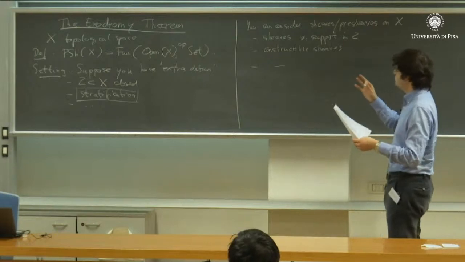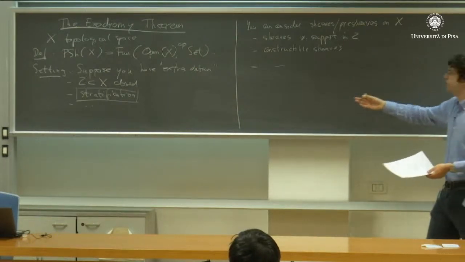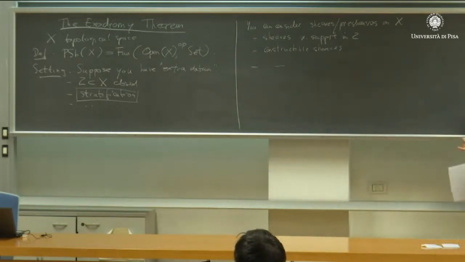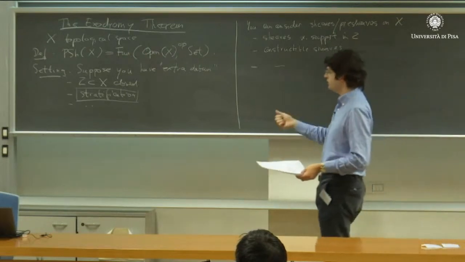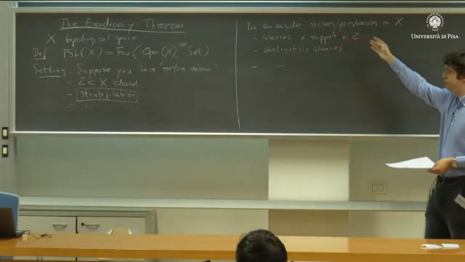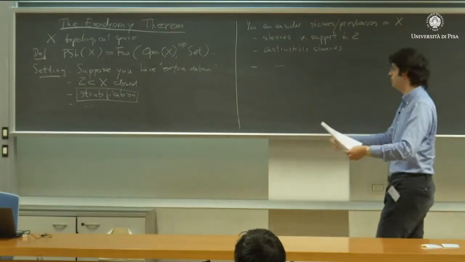So categorically, what we are doing is just considering a subcategory of this, where the property that cuts out the subcategory is, for example, to satisfy the descent condition that gives you a sheaf, plus to be constructible, as many other properties.